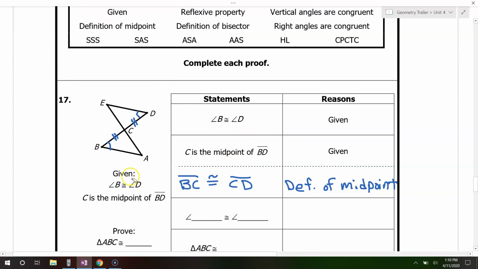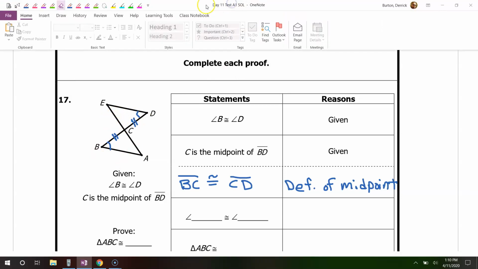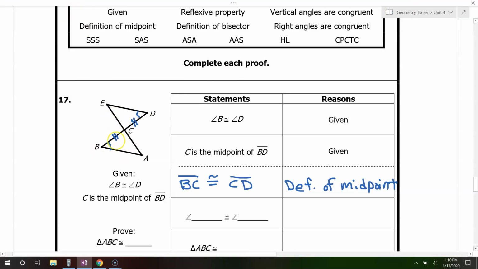Now, what else can we mark congruent in the picture just because of the way the picture looks? Well, we can mark the vertical angles as congruent. So this angle and this angle, these are vertical angles, they're going to be congruent.